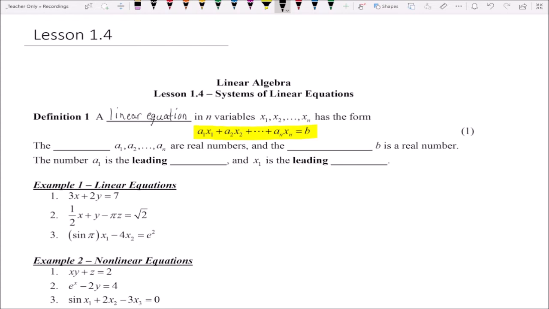Each of the a's, the a1, the a2, the an, are called the coefficients, and they are simply real numbers. The b term is called the constant term, and it is also a real number. a1 is the leading coefficient, and x1 is the leading variable.